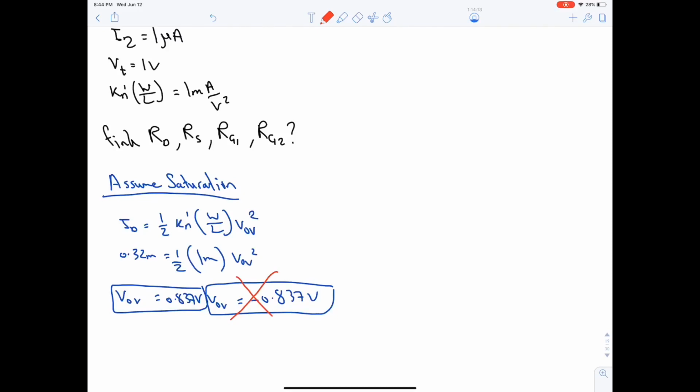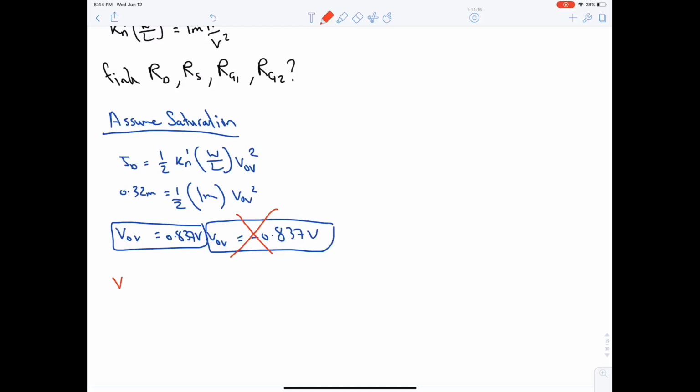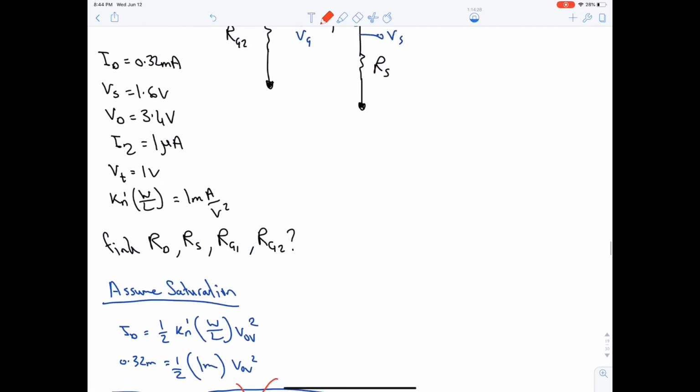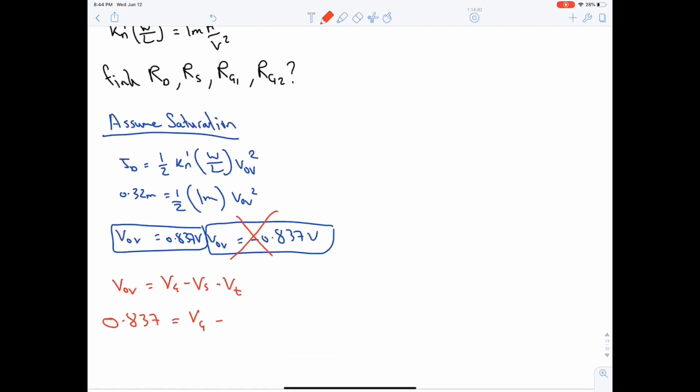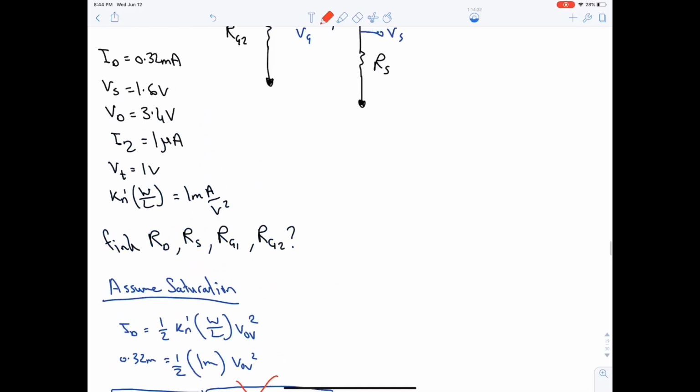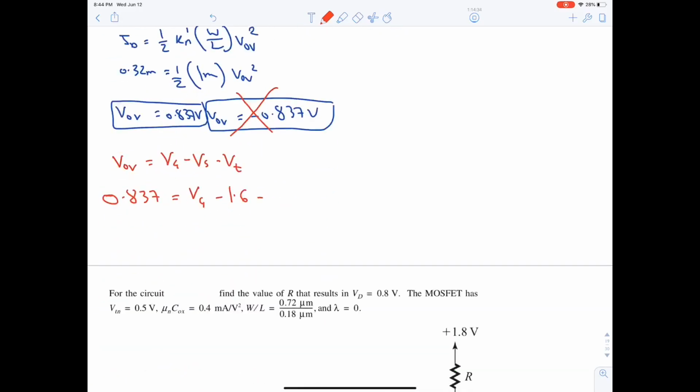After finding VOV, let's open it. VG minus VS minus VT. Okay, 0.837 equal to VG, which is unknown, VS is given 1.6, and VT is also given, which is 1. So VG is equal to 3.44 volt.